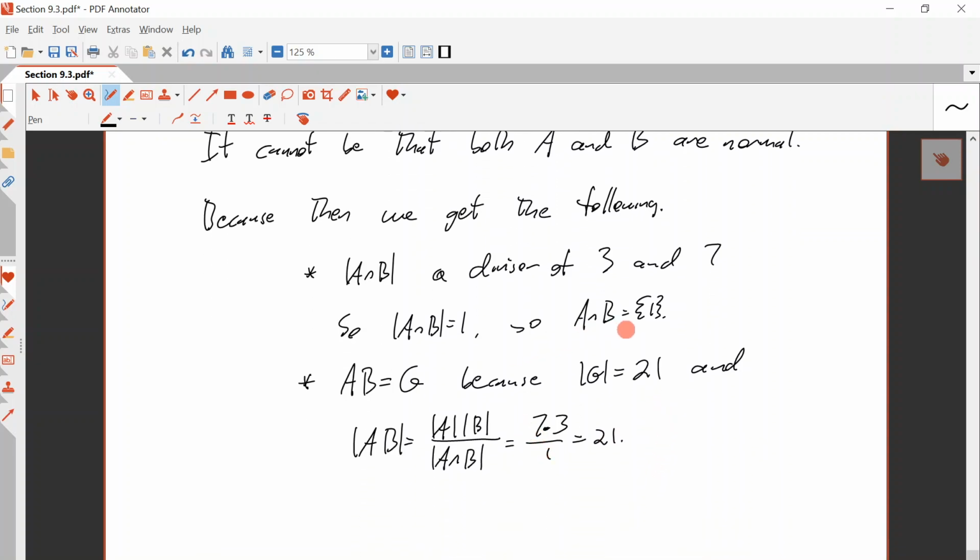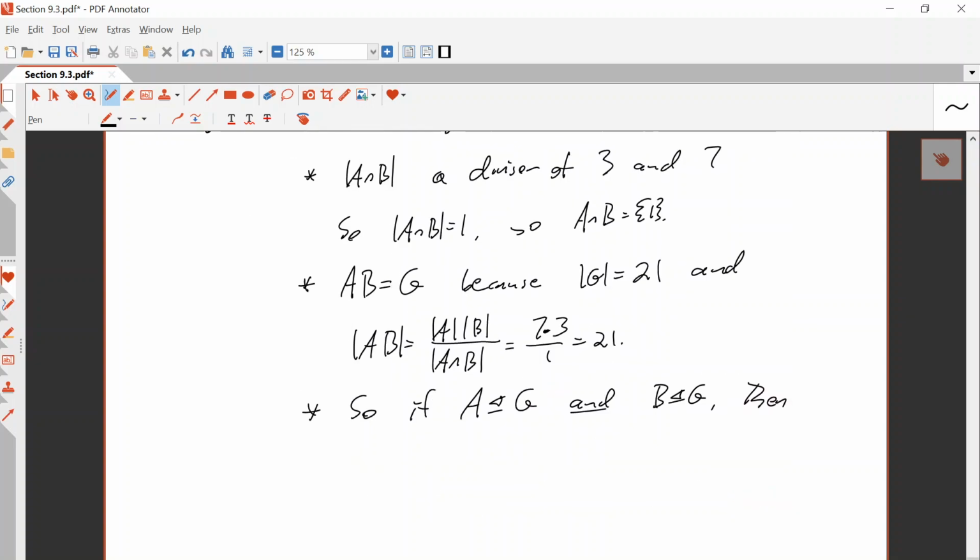So the intersection of A and B is the identity, and the product of A and B is all of G. So if A is a normal subgroup of G and B is a normal subgroup of G, then by section 9.1, G is isomorphic to A cross B, which is isomorphic to Z7 times Z3, which is abelian.